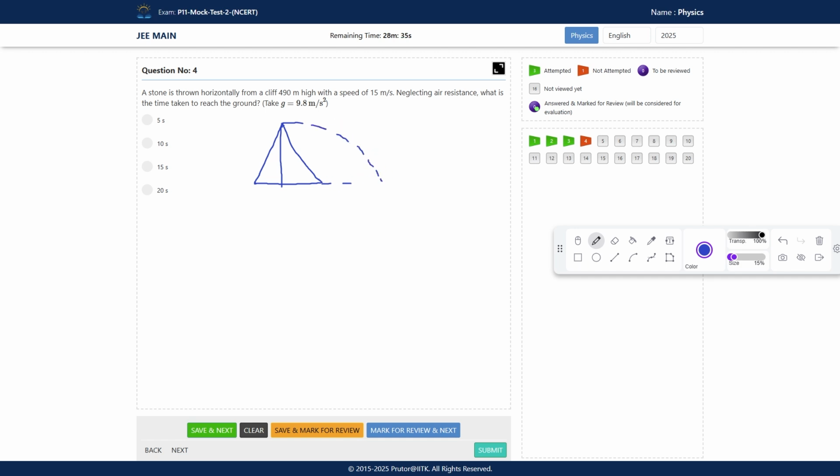So it hits the ground. This is the ground. So we have to find out the time taken when the stone reaches the ground. Please solve.